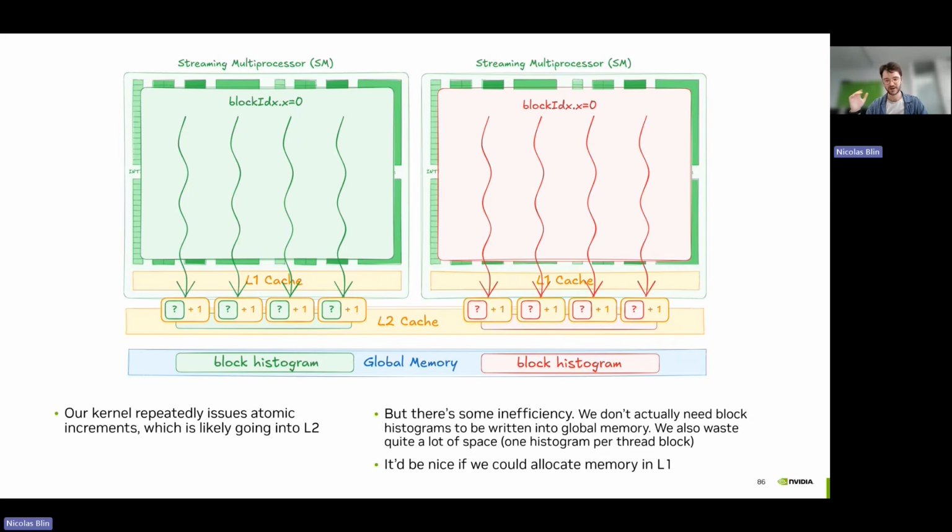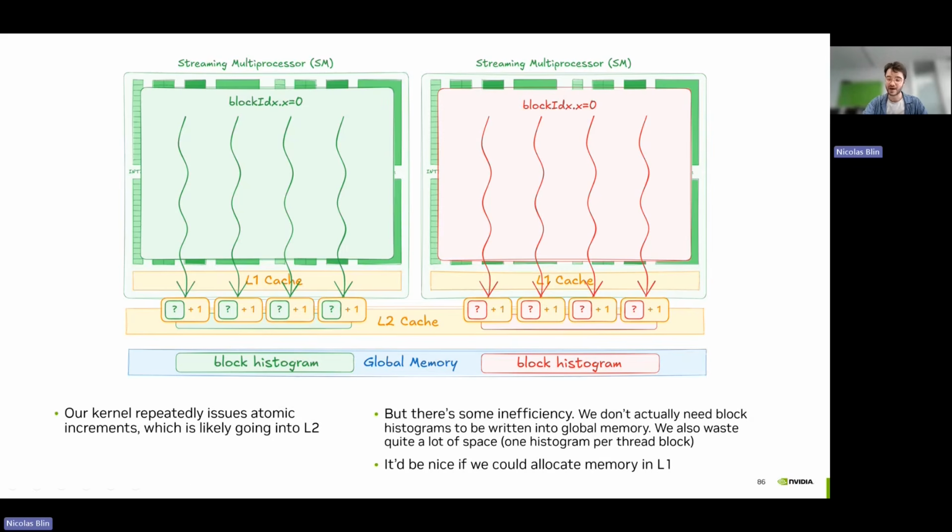Then each thread is issuing atomic operations into our private block histogram, which is most likely backed by the L2 cache. That's not very efficient because we don't actually need to keep this block histogram around once the kernel is finished. It's just temporary storage, while the L1 cache fits right there on the SM, and currently we're not using it.